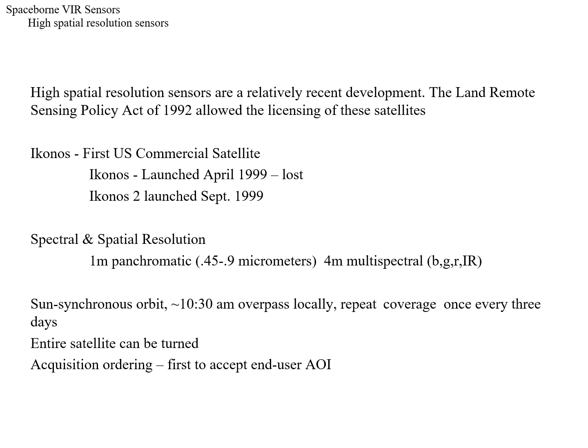So if the panchromatic band is 1, then the multispectral band is 4. These are all in sun synchronous orbits, about 10:30 a.m. overpass locally, and they have a repeat coverage of about once every 3 days.